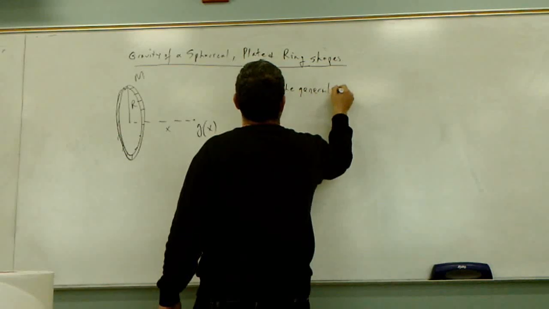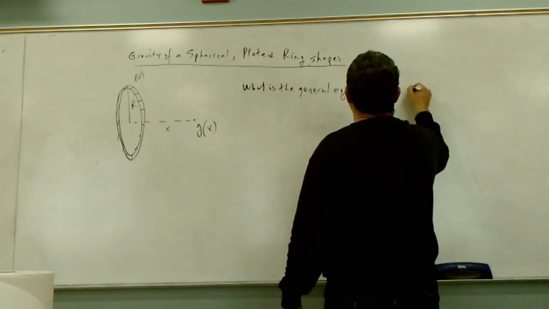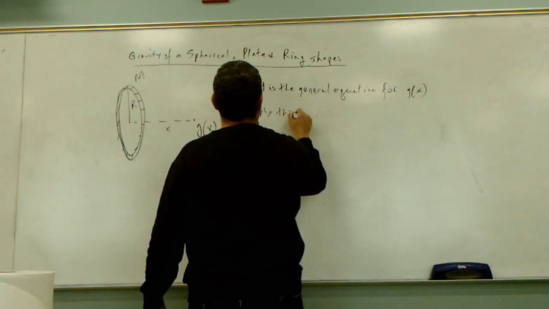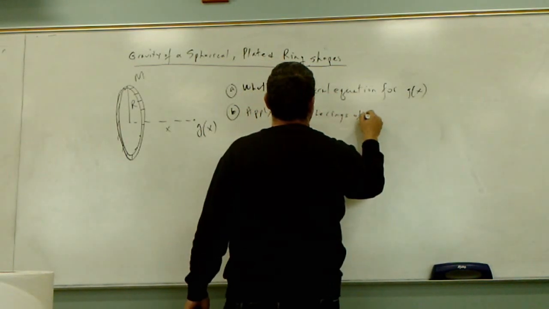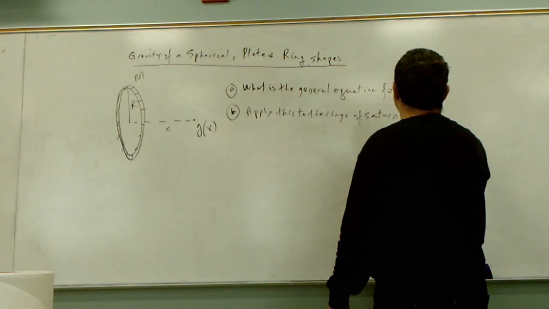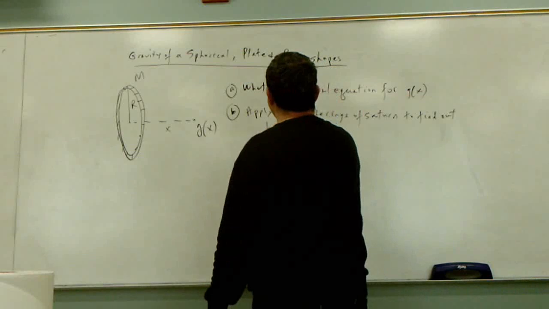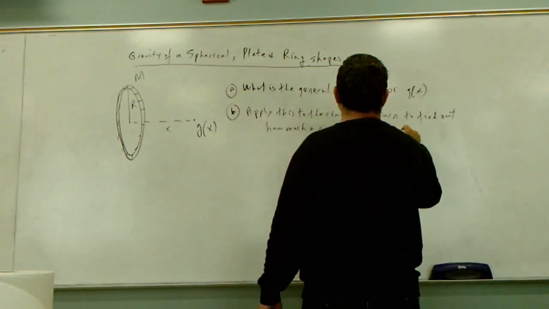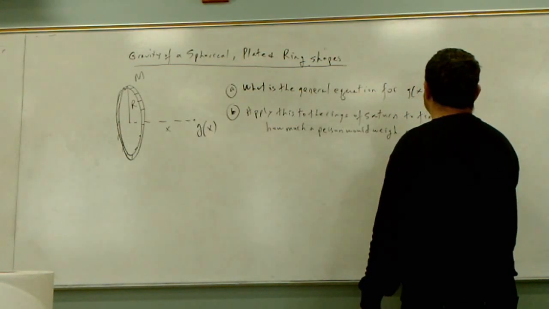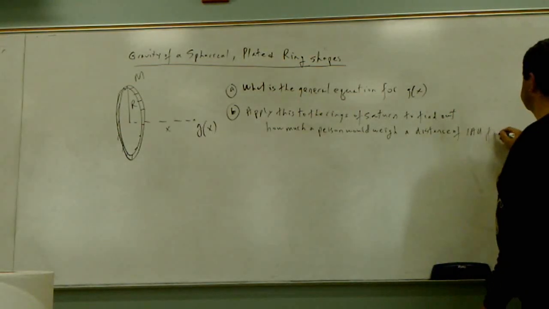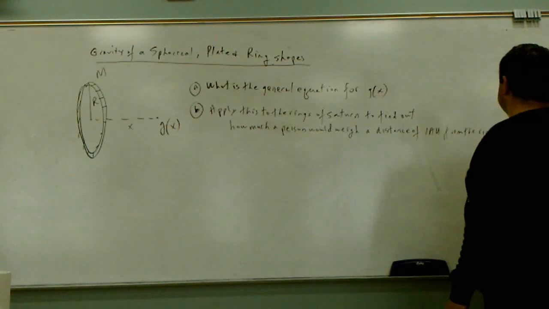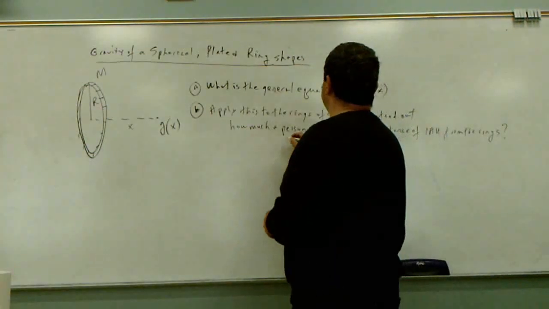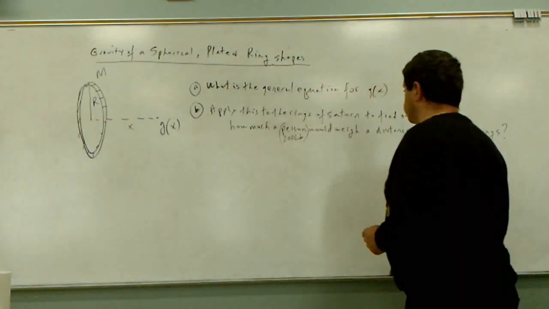So we can say, a, what is the general equation for g of x, and then b, apply this to the rings of Saturn to find out how much a person would weigh, at a distance of 1 AU from the rings. And let's say it's a 200-pound person.